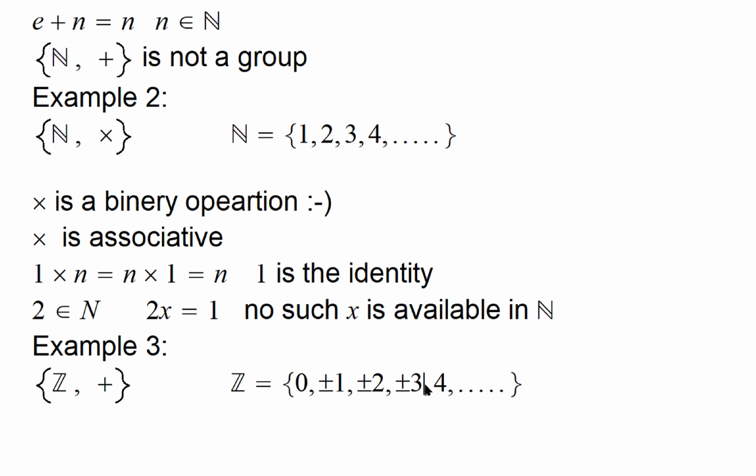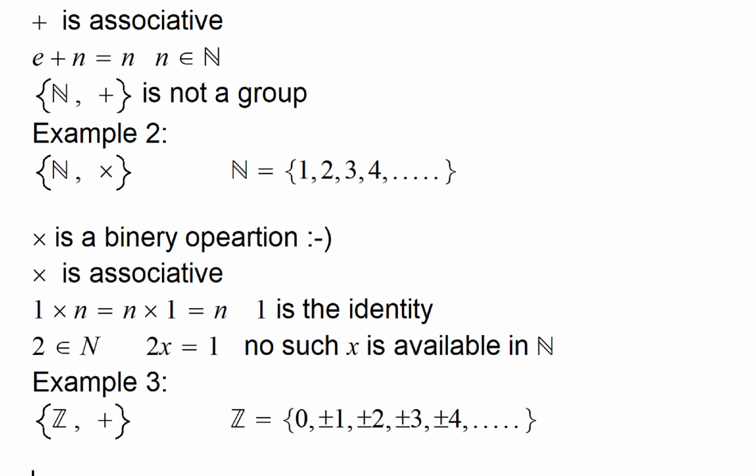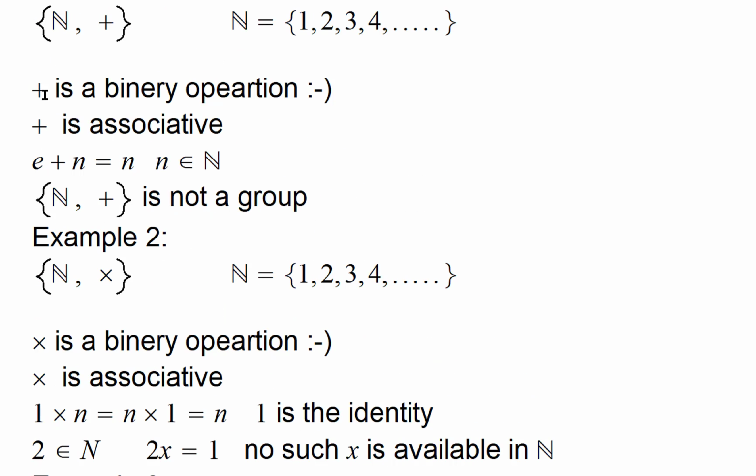Okay, so this is the set of integers, and we have addition as the binary operation. So you can see that the sum of two integers is an integer. Okay, so that is a binary operation, and let's just formally write it.